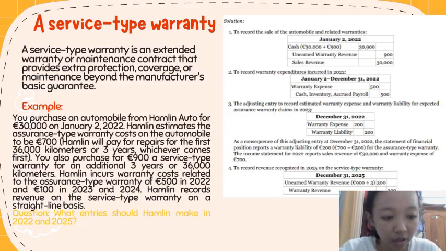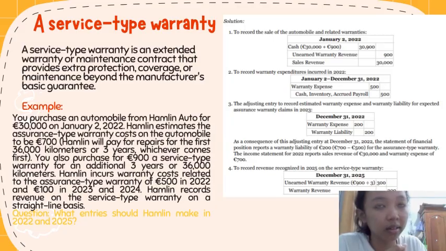First, we record the sale of the automobile and related warranties in 2022, which is when the automobile is sold. On the debit side, we have cash of $30,900, which comes from $30,000 for the cost of the automobile and $900 for the service warranty that the customer purchased.